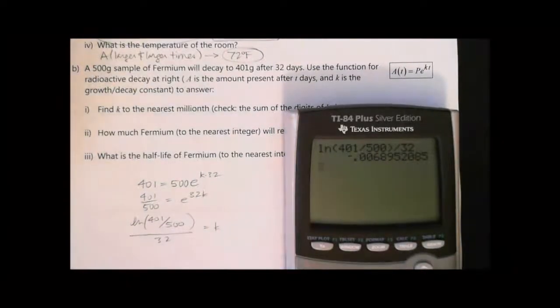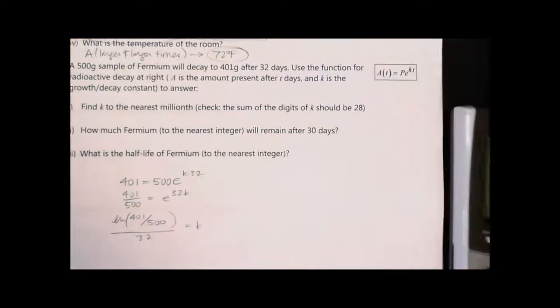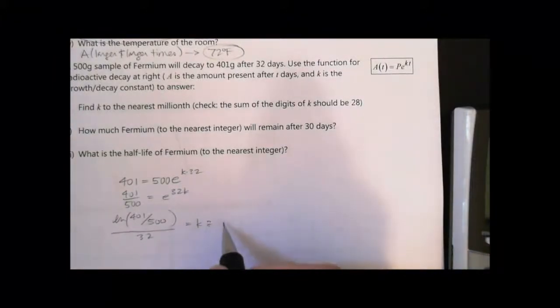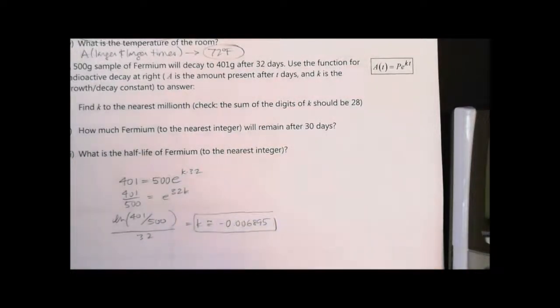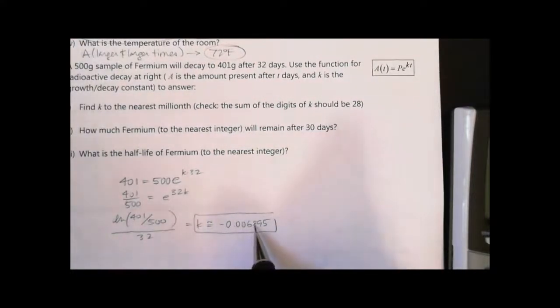It would be 0.006895. So there's our value of K, and we can check the sum of the digits. 6 plus 8 plus 9 plus 5 does equal 28.